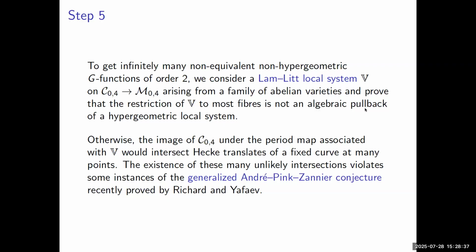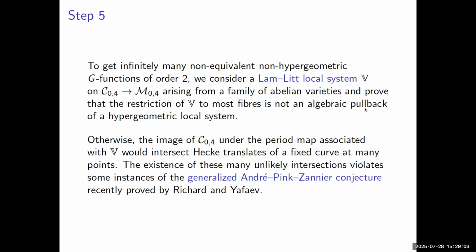And then the argument is more or less the following. Assume you have some integral structure coming from the interpretation as families of abelian varieties. So you can consider a period map, and M_{0,4} will map to the period space associated to these kinds of variations of Hodge structures.